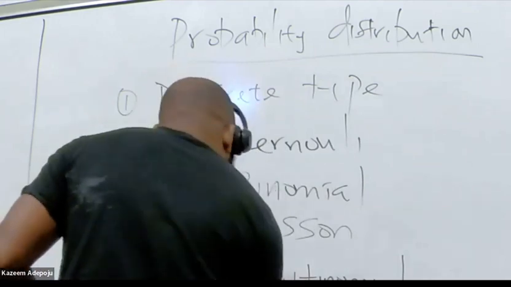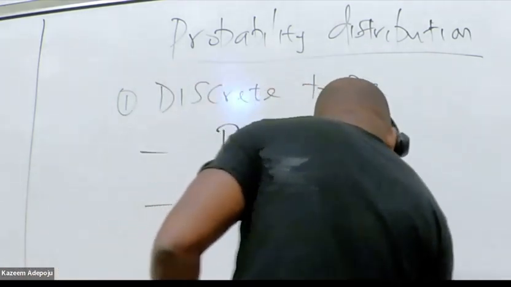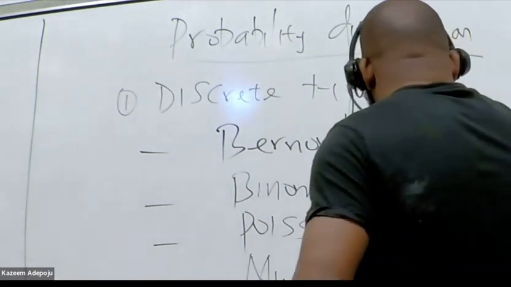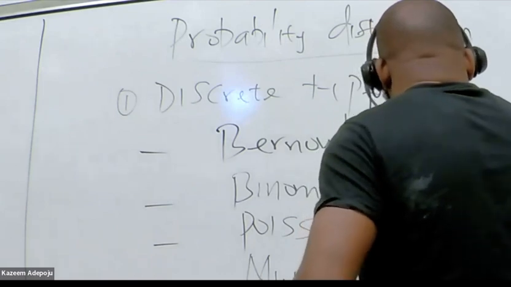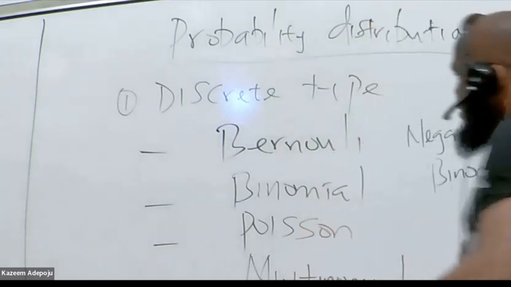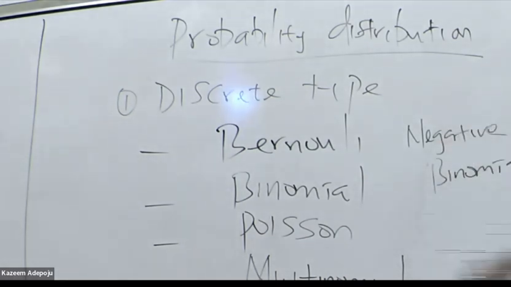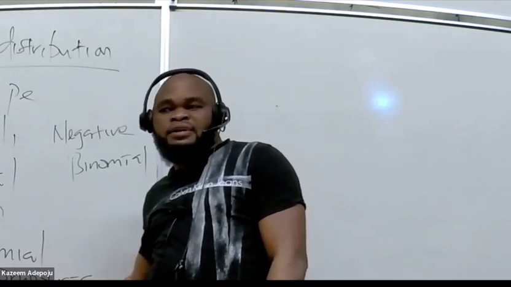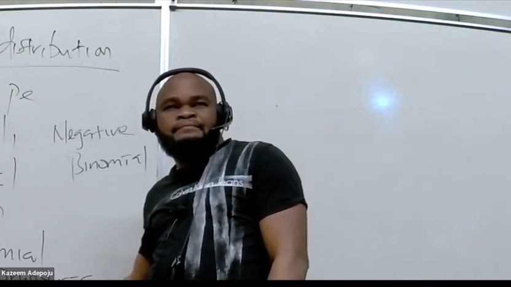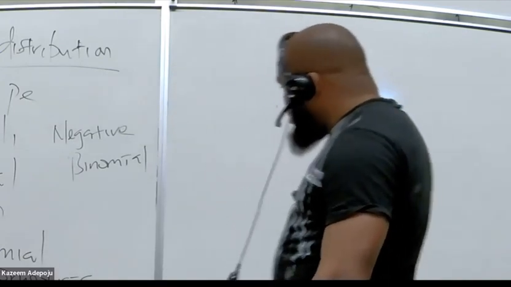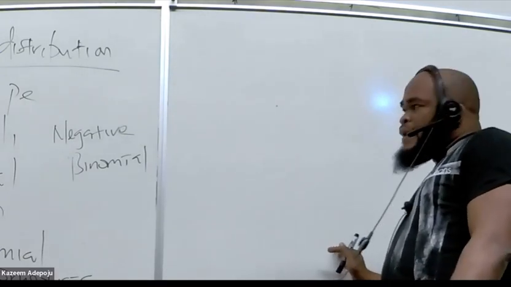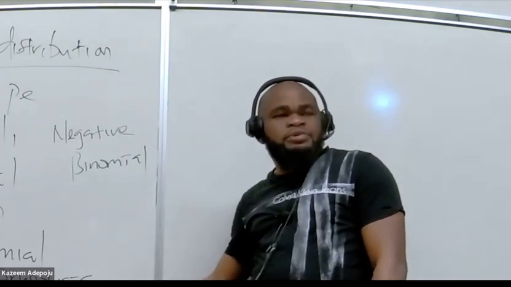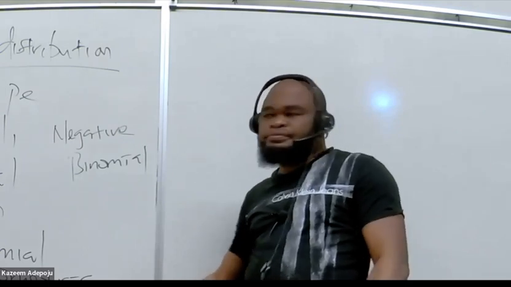We talk about geometric. And we also talk about negative binomial. I remember we talk about all these distributions under the discrete type. So what I want to do now, I want to revisit them and tell you what they do.